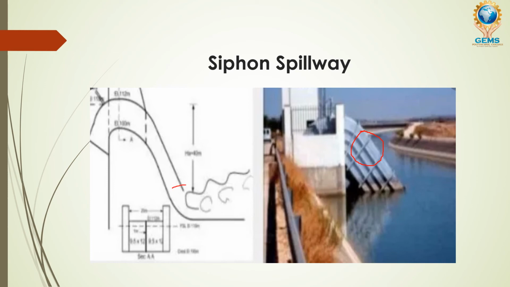You can see in this 2D view in the first diagram that the outlet portion is totally submerged inside the reservoir or the spillway portion, so that air lock problems will not occur.